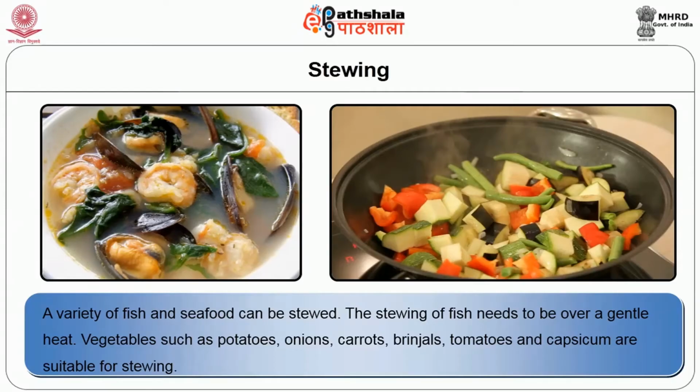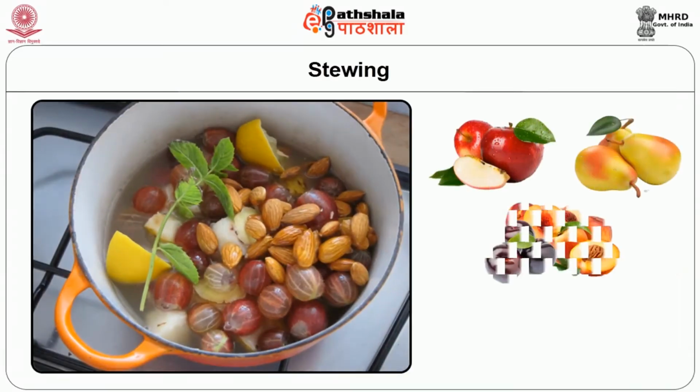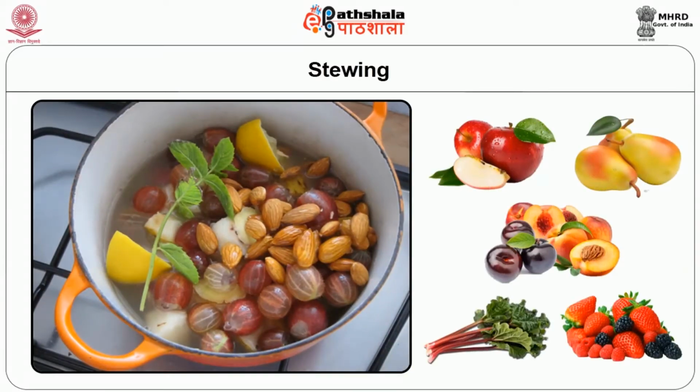Vegetables such as potatoes, onions, carrots, brinjals, tomatoes and capsicum are suitable for stewing. Fruits can be stewed in a syrup made from water and a sweetener. Apples, pears, stone fruit, rhubarb and berries are usually stewed.